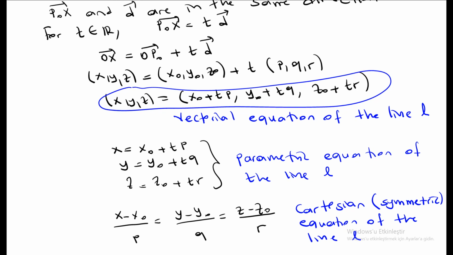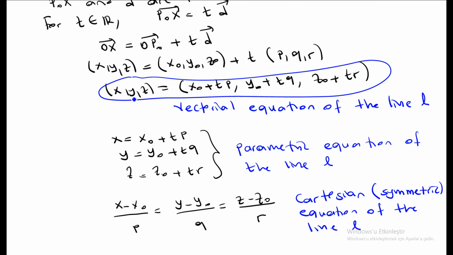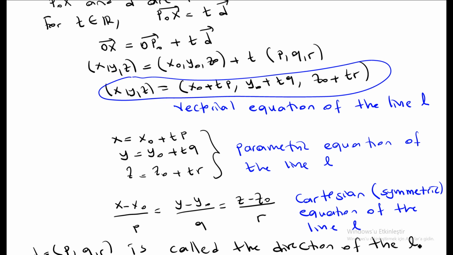So here, in all these equations, this one is D, P, Q, R, called the direction of the line.